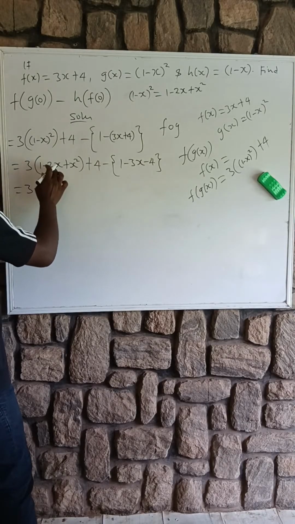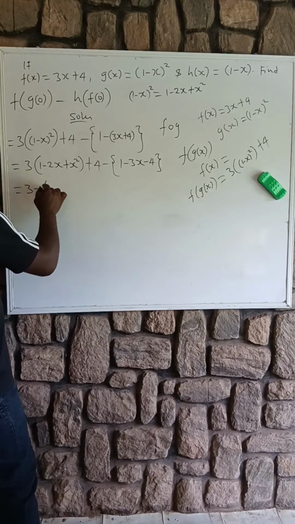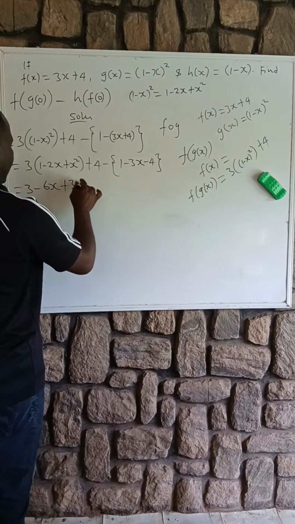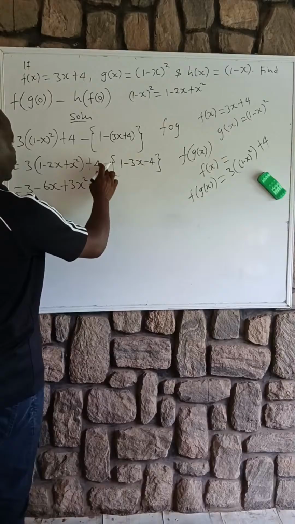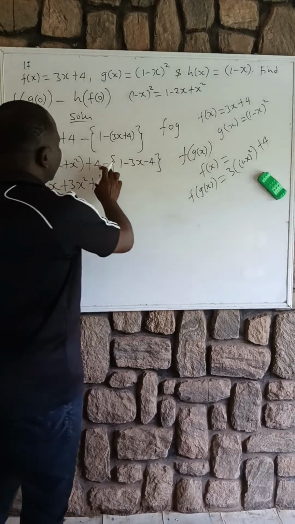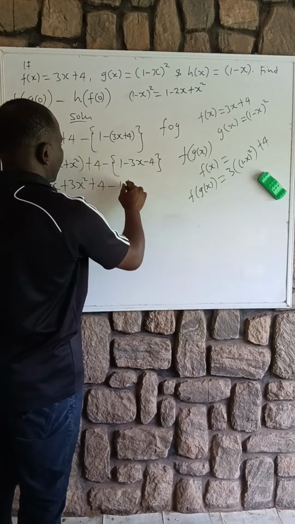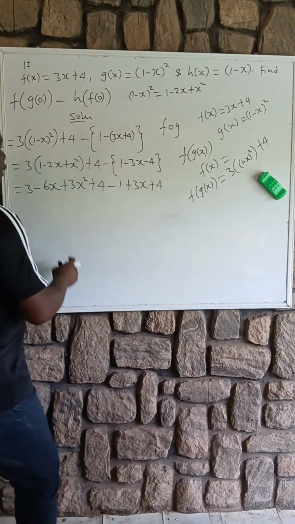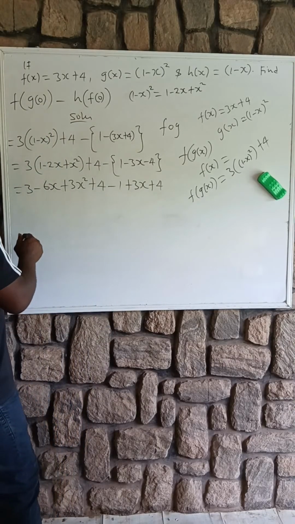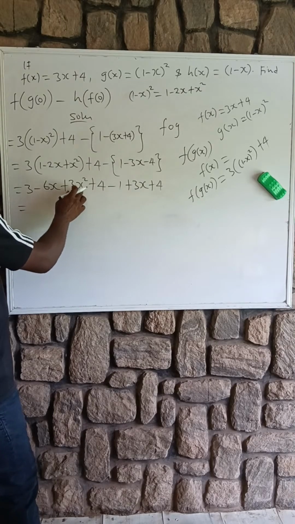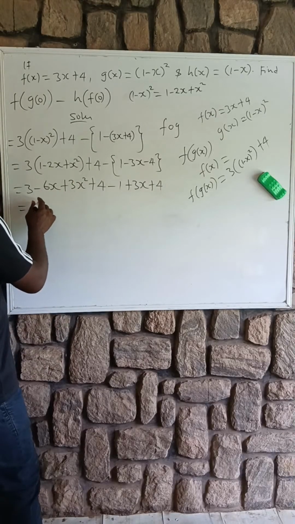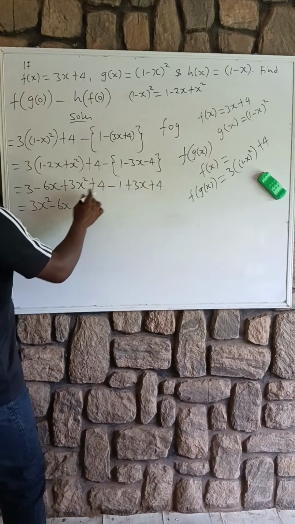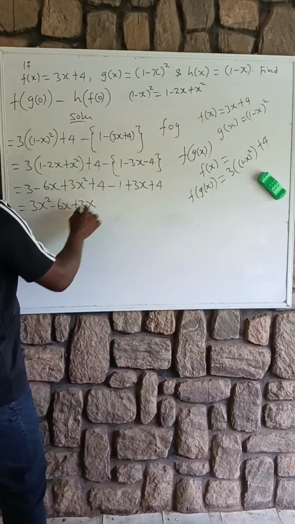Okay, so let's multiply this bracket. 3 times 1 is 3, minus 3 times 2x, 6x, plus 3 times x squared is 3x squared. Open this bracket using this negative sign: this times this minus 1, this times this plus 3x, this times this plus 4. So we can now collect like terms. Since the highest order is 3x squared, we have 3x squared, then minus 6x plus 3x, do you agree with me?